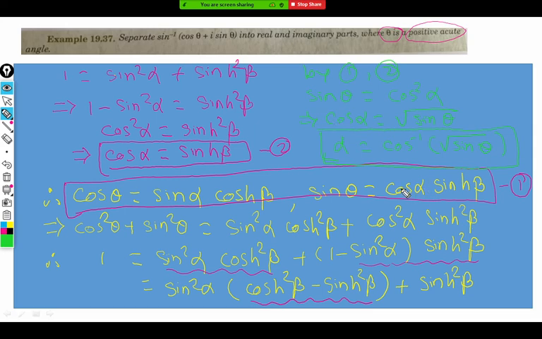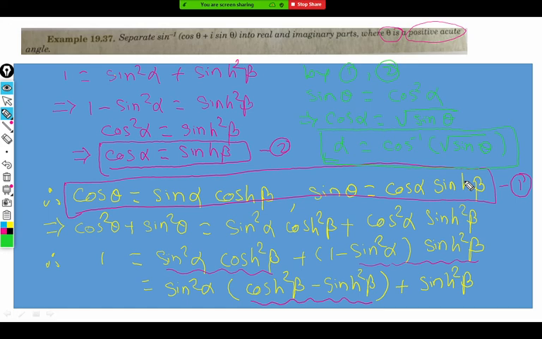To get beta here, in this equation also, if we replace the value of cos alpha, you'll observe cos alpha is root sine theta. If you replace that, you get sine hyperbolic beta is root sine theta, so beta is sine h inverse of root sine theta.